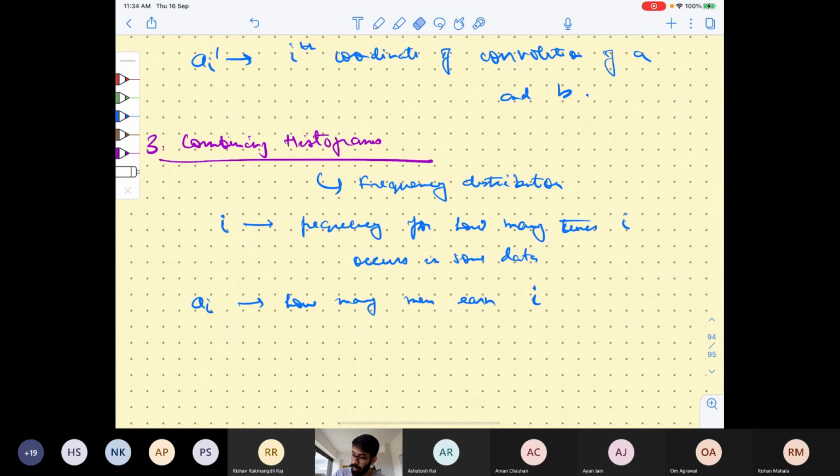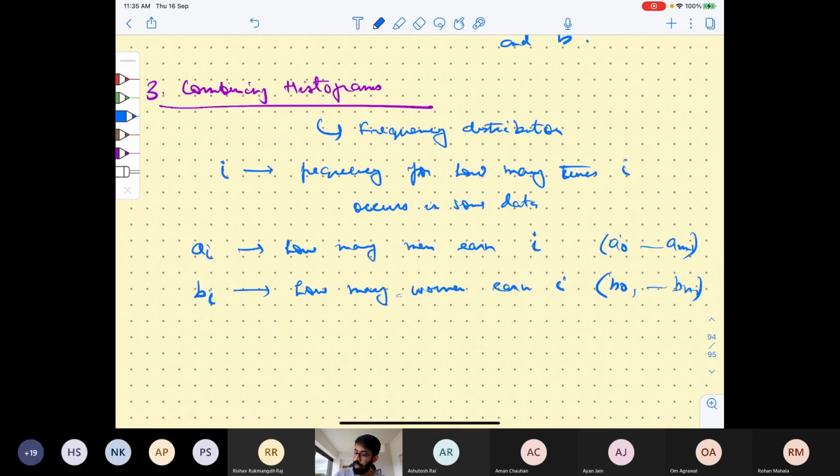And similarly, you have a vector. So this is basically a vector A_0 to A_{M minus 1}, of length M. And then you have B_I, which shows how many women earn I, and then you have B_0 to B_{N minus 1}.